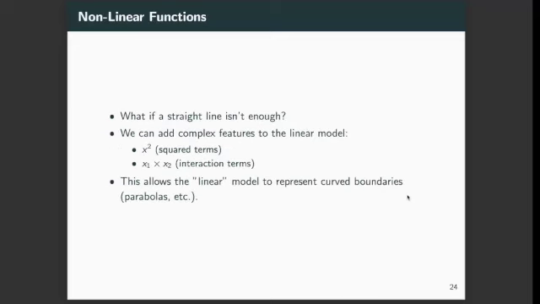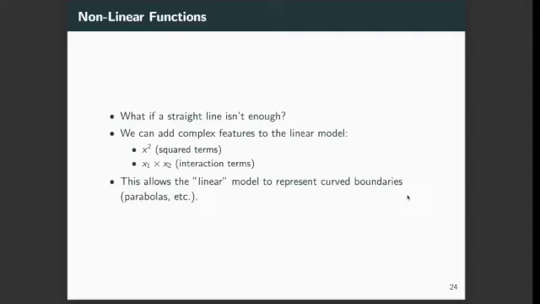So what if, because in a linear model we consider that the relationship between the variables is linear, and what we mean by linear is it should be a straight line. But what if a straight line is not enough?